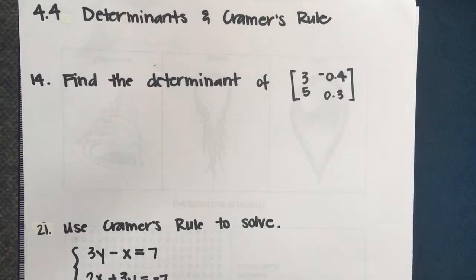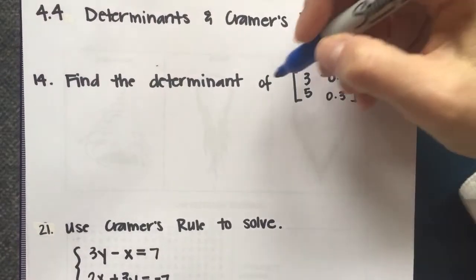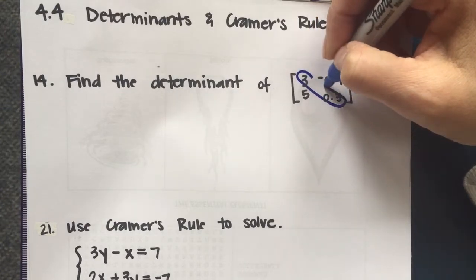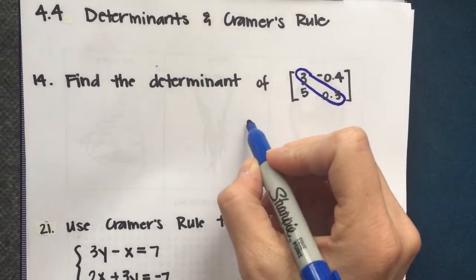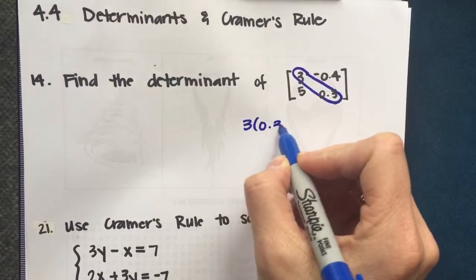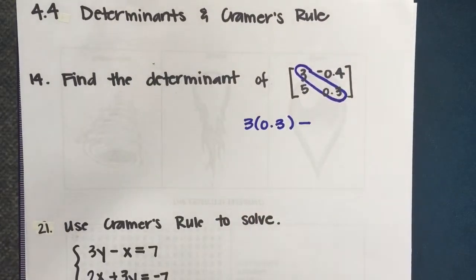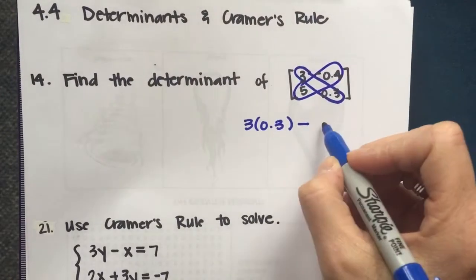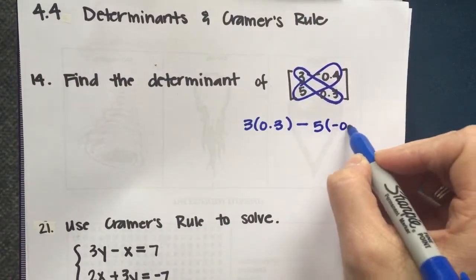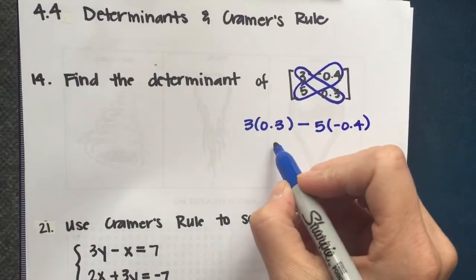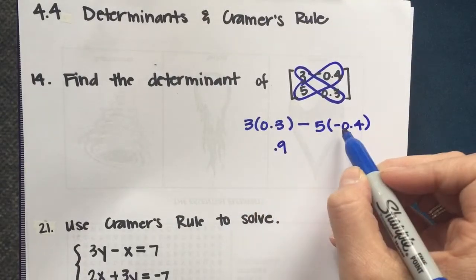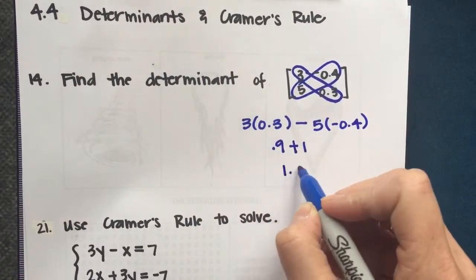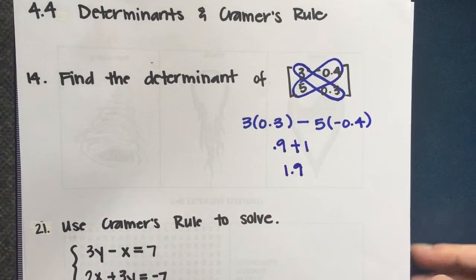So for a 2x2 matrix, to find the determinant, you multiply the main diagonal first, 3 times 0.3, minus, then you multiply the other diagonal, 5 times negative 0.4. So you multiply, a negative times a negative is plus, you get 1.9.